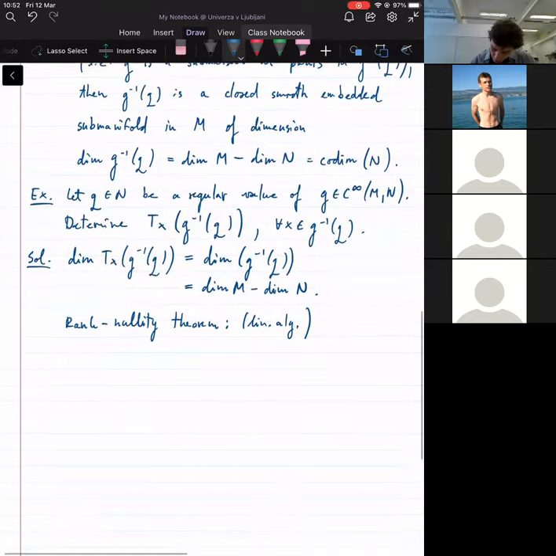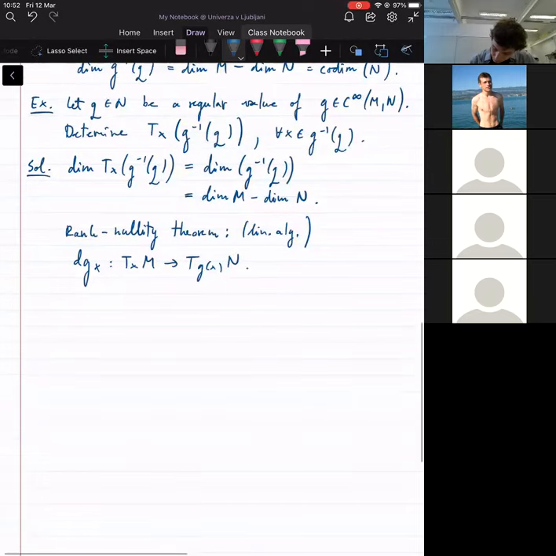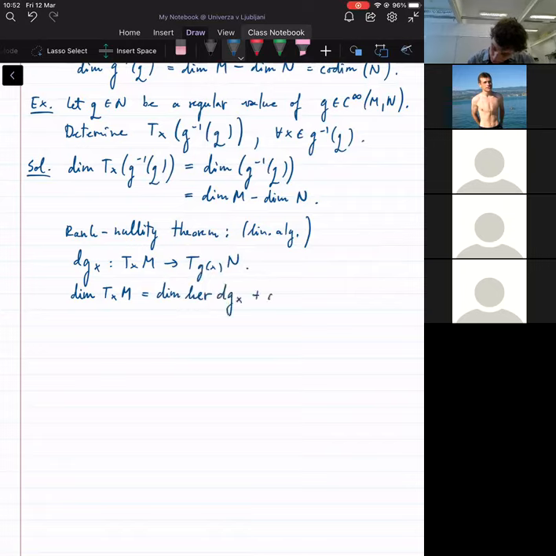Look, dg_x is a map that goes from T_x M into T_{g(x)} N. It says that the dimension of the domain of this map is equal to the dimension of the kernel of this map plus the dimension of the image of this map.